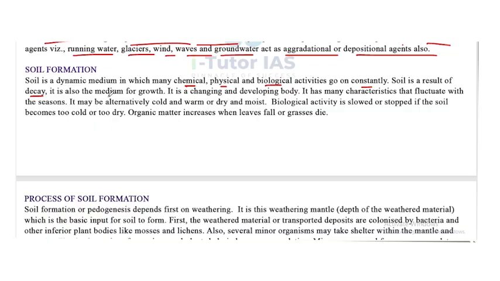It is also the medium for growth. It is a changing and developing body. It has many characteristics that fluctuate with the season. It may be alternatively cold or warm, or dry or moist. Biological activity is slowed or stopped if the soil becomes too cold or too dry. Organic matter increases when leaves fall or grasses die.